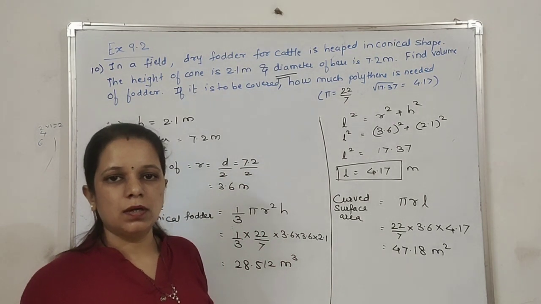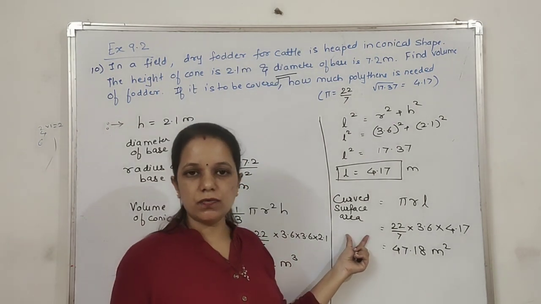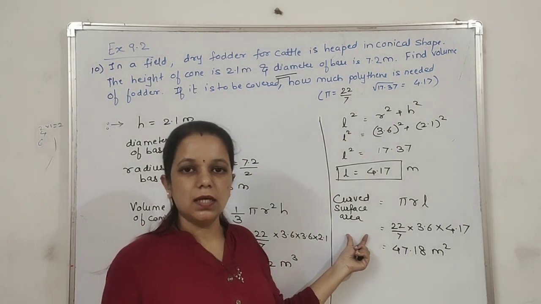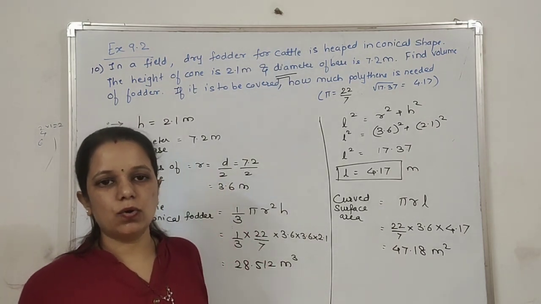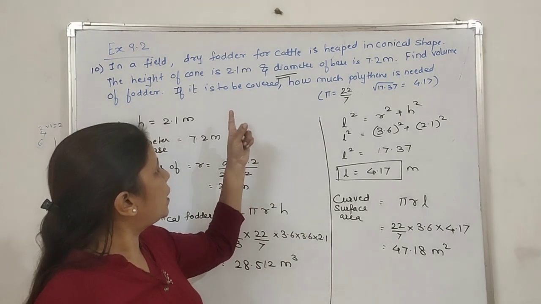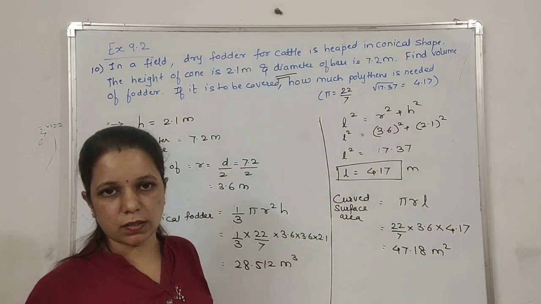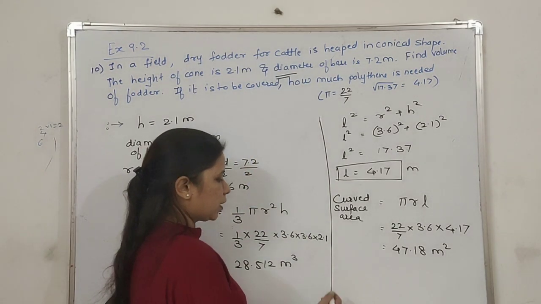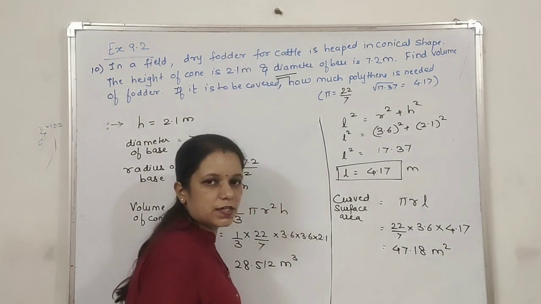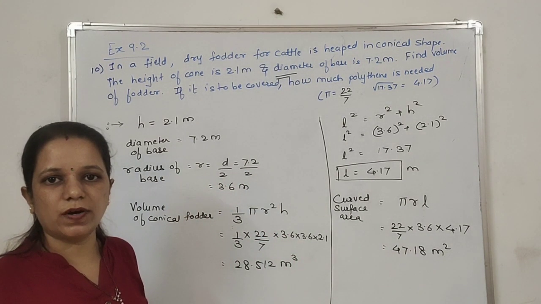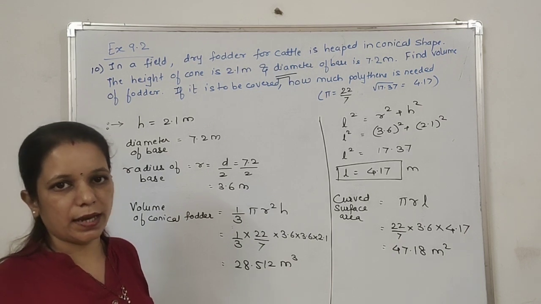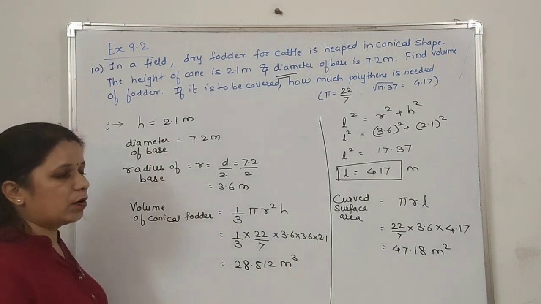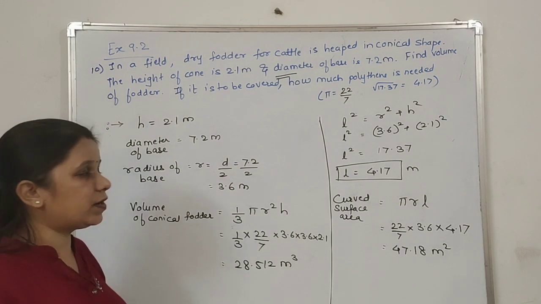So now this much is the curved surface area, means this much polythene is required to cover the conical shaped fodder. So polythene required equals 47.18 meter square.